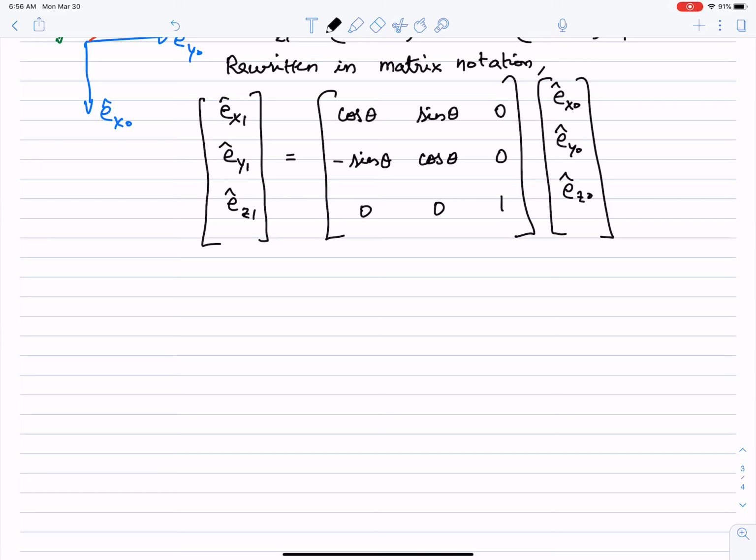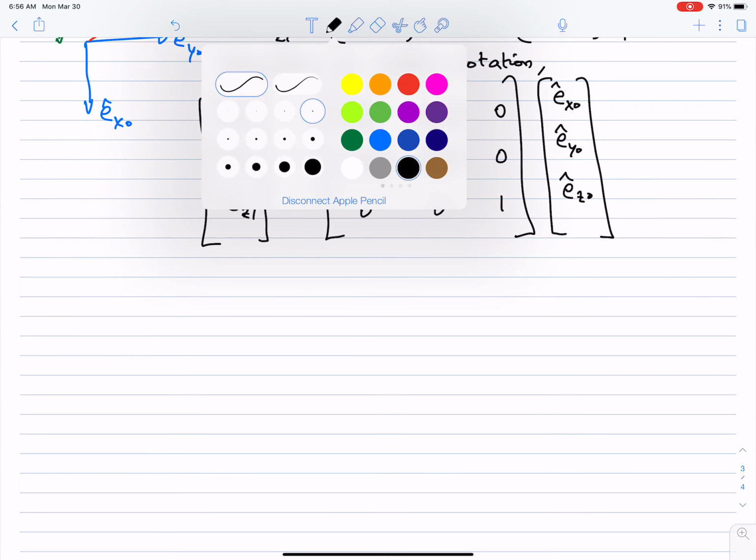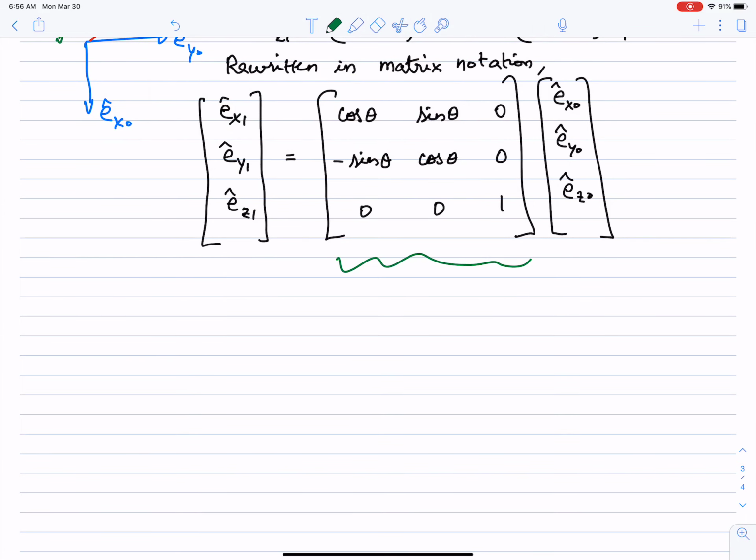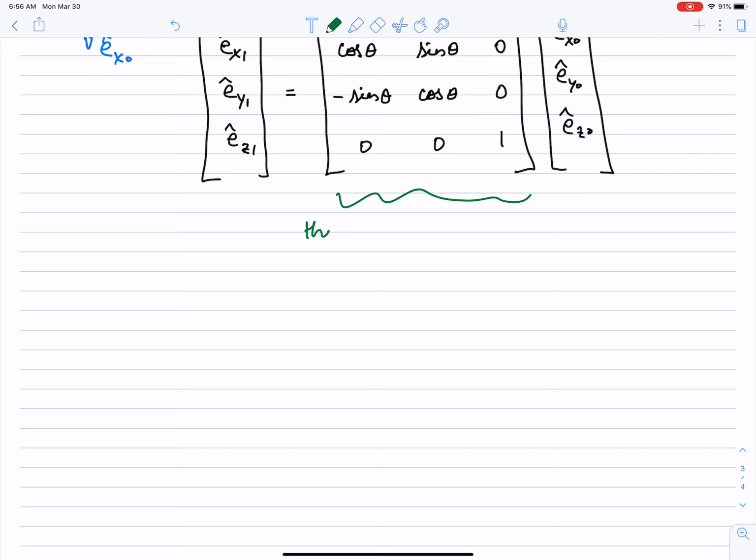This 3x3 matrix is an example of what's called a rotation matrix.